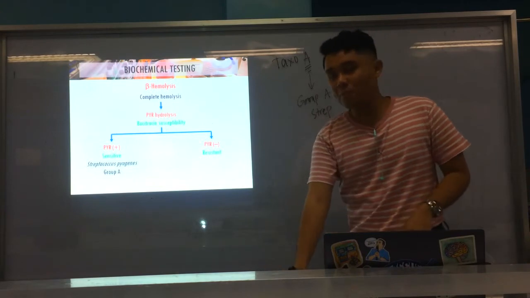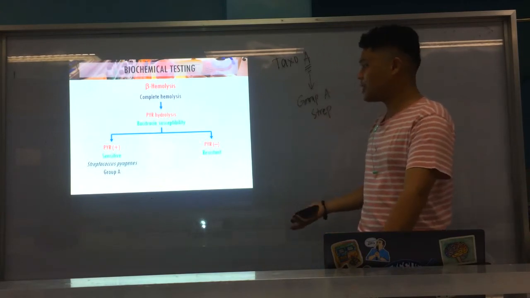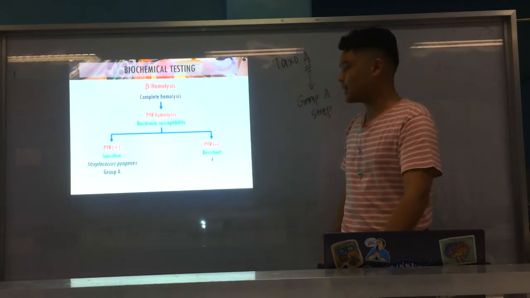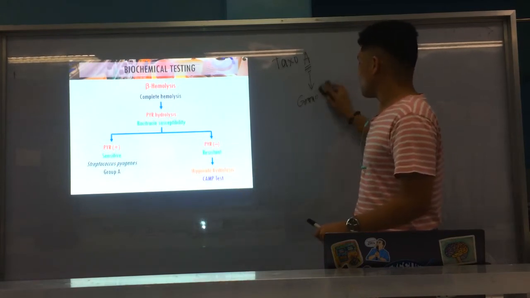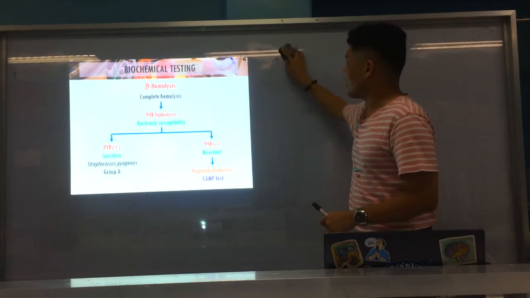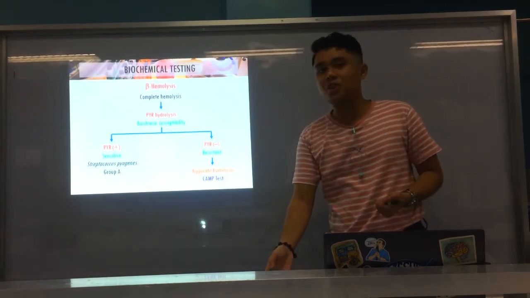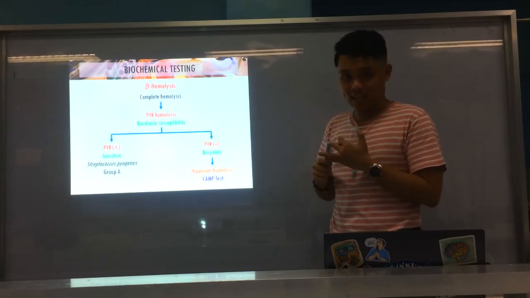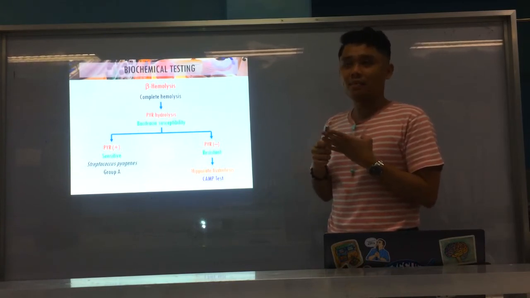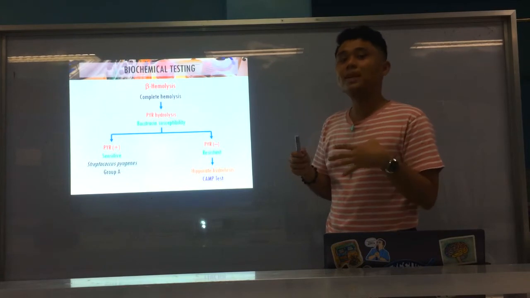All right. And if you are PYR negative and resistant, we now subject it to the next tests, hippurate hydrolysis and CAMP test. Remember guys, right? Remember earlier in the table, which are the expected strep species that are beta-hemolytic? You have Strep pyogenes, Strep agalactiae, the viridans, and group C and group D strep.